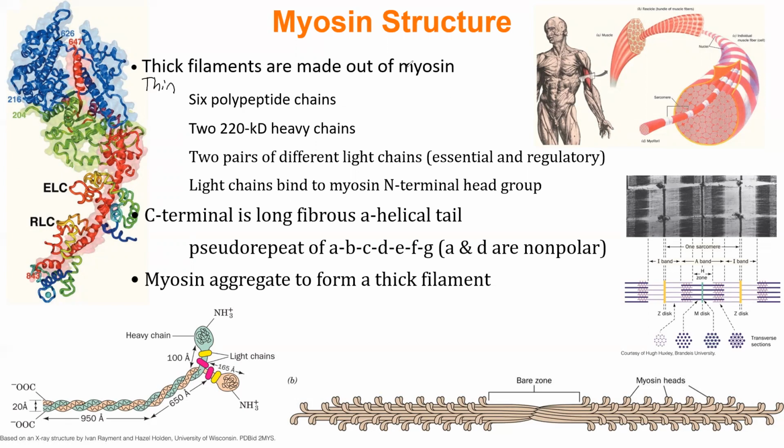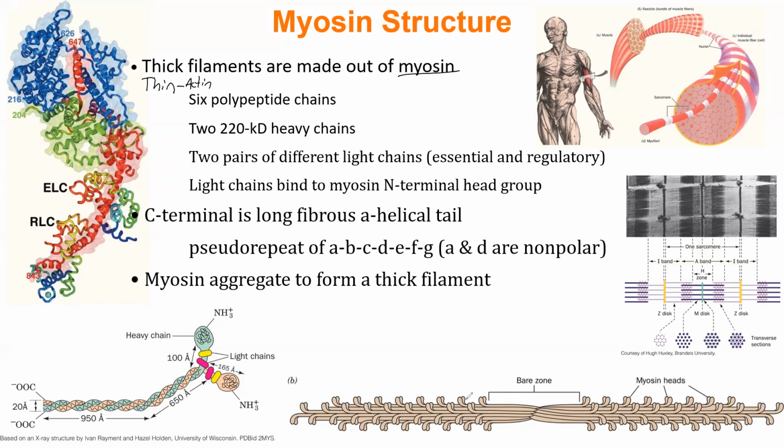And the actual name of these proteins is thick filaments are myosin, thin filaments are actin, right? And we're going to begin our discussion with myosin, shown here. And myosin's also shown here on the bottom as well, just different representations of the same protein.